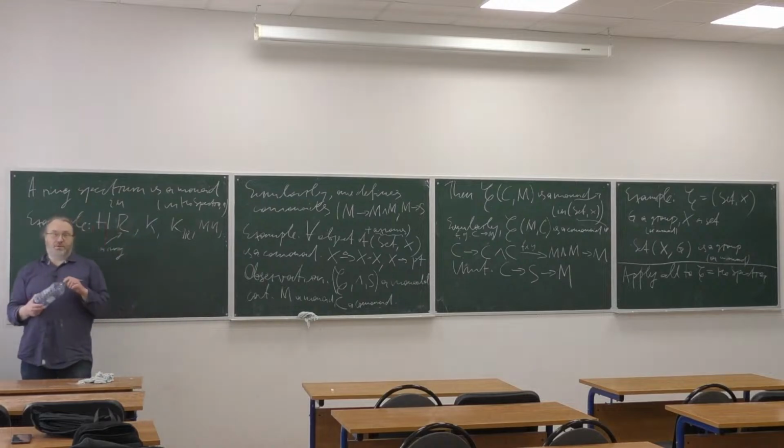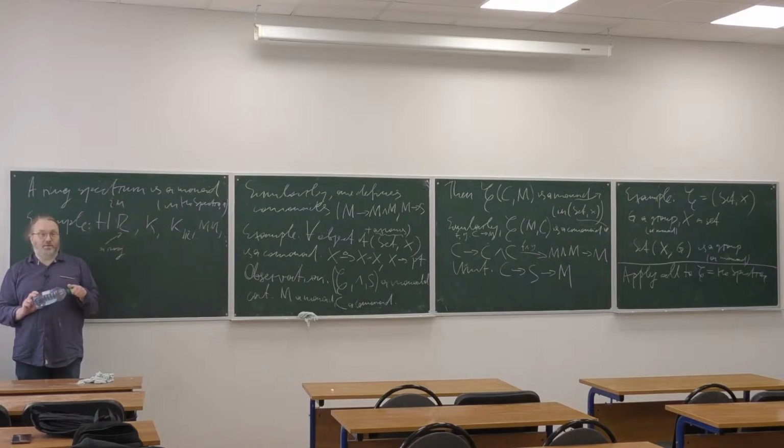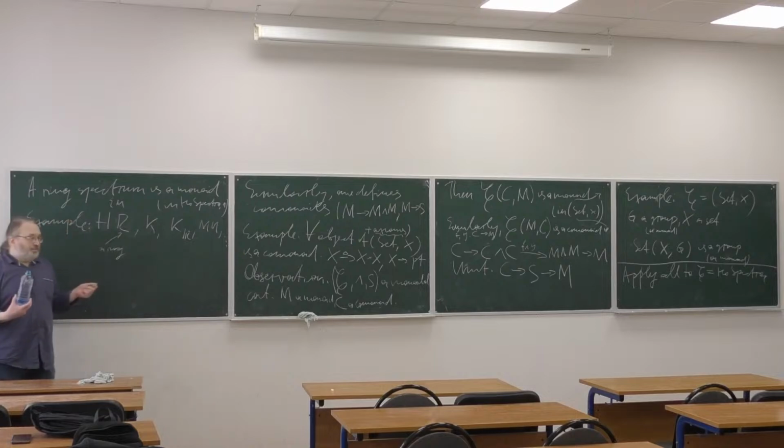One particular example is the Eilenberg-MacLane spectrum of a group R, which is the additive group of a ring. For example, the Eilenberg-MacLane spectrum of Z.